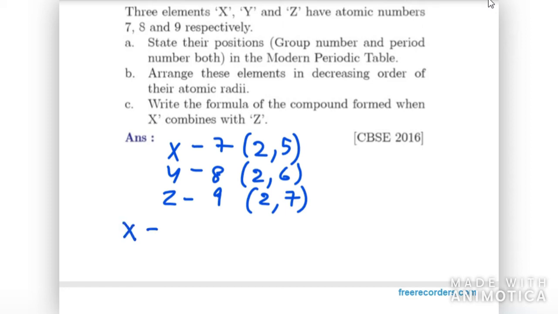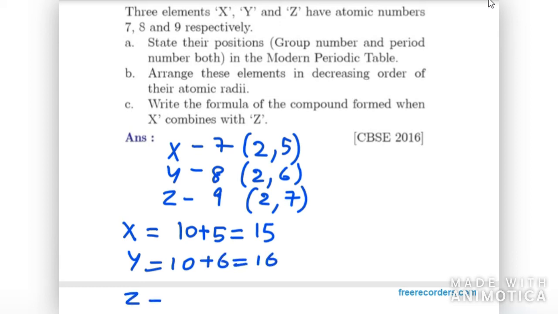Now we need to state their position in the modern periodic table. For X, to find the group number, we have to add 10 to the number of electrons in the last shell, that is 5, meaning valence electrons. So 10 plus 5 is 15. For Y, it will be 10 plus 6, so the group number for Y is 16.